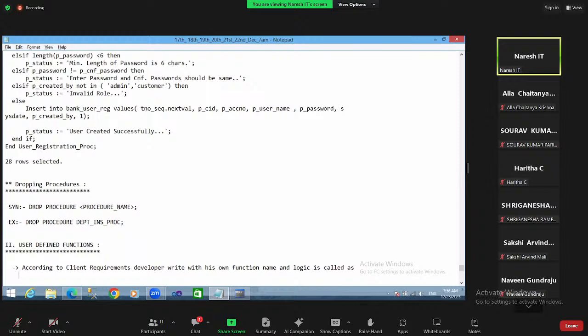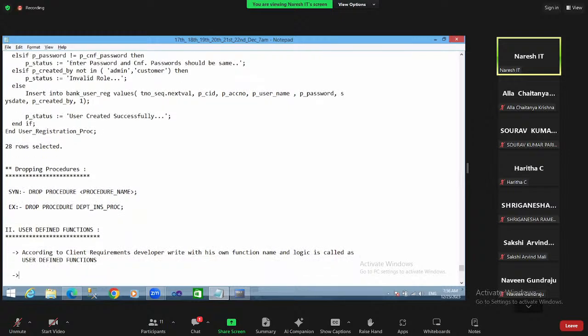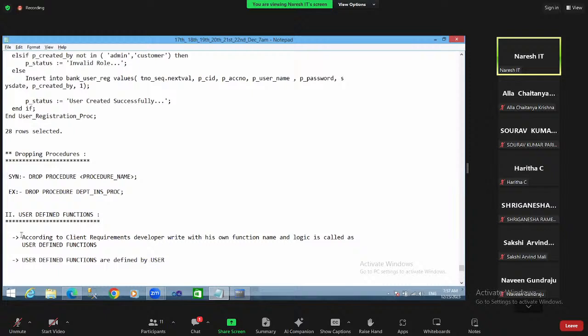That is called user defined. User defined functions are defined by the user. We can declare functions on our own. That is called user defined functions. In the coming session we will discuss these user defined functions.